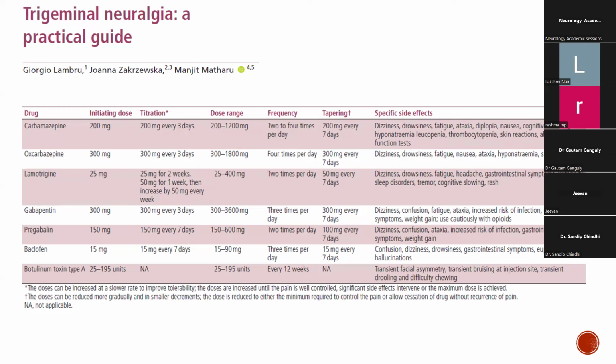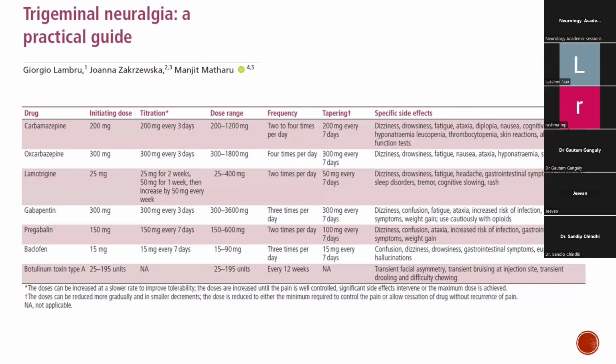So oxcarbazepine, the initiating dose is 300 mg, and that should be increased every 3 days to a maximum dose of up to 1800 mg. It can be divided into 4 times per day, and the tapering also should be done 300 mg every 7 days.